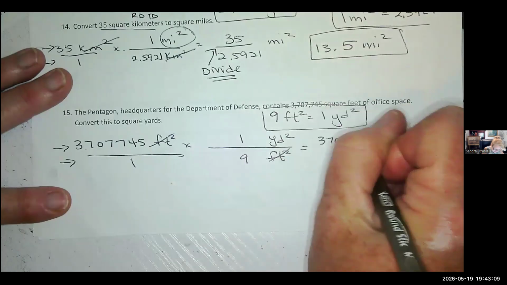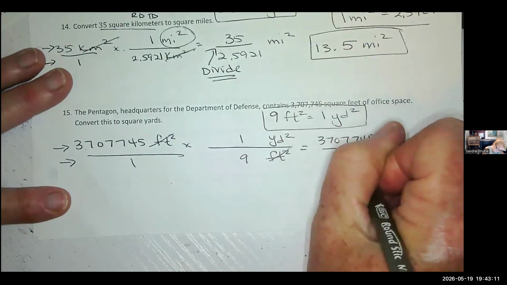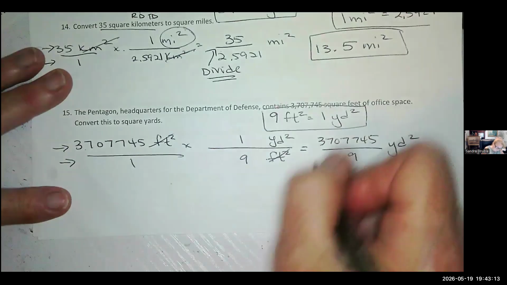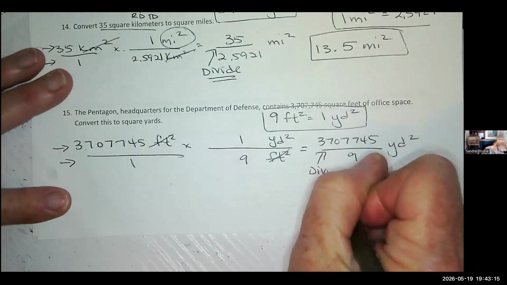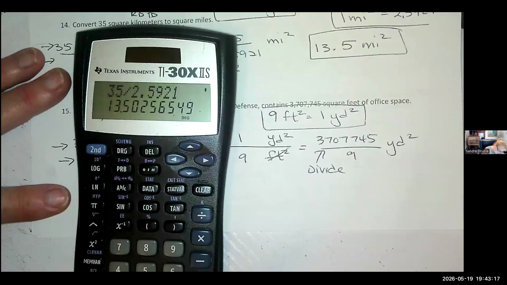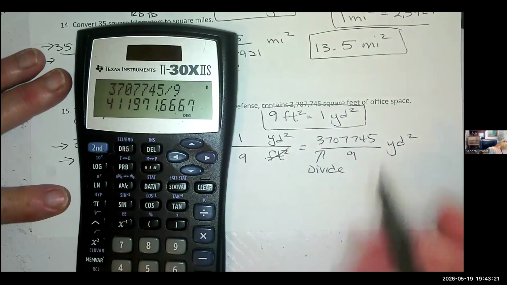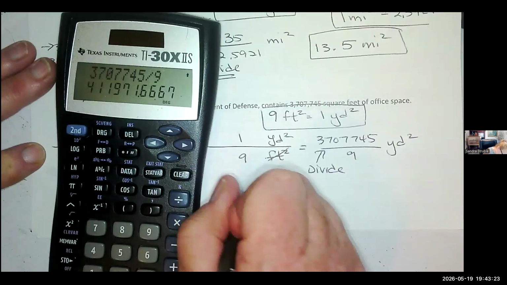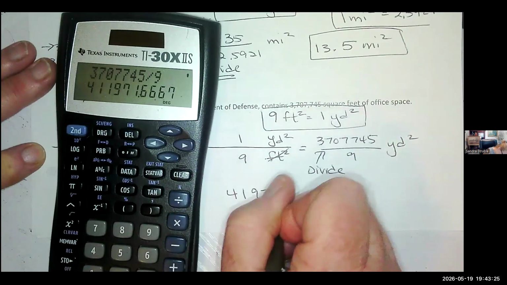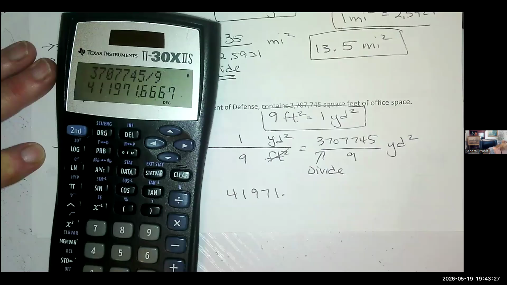This is yards squared. This is where you divide. And I got 411,971 point. I'm going to go ahead and write 666, and this is yards squared.